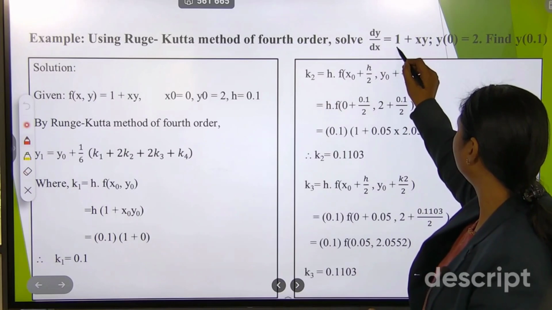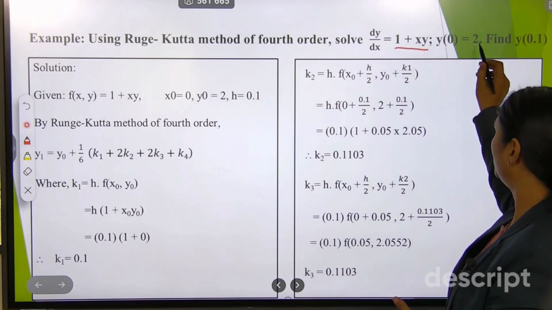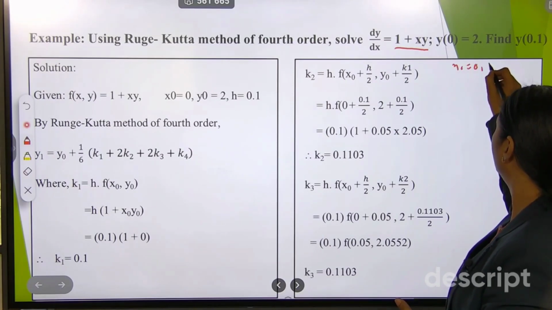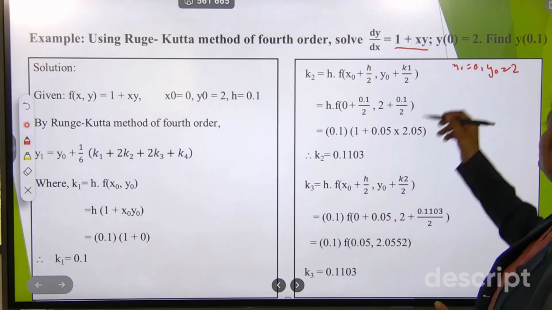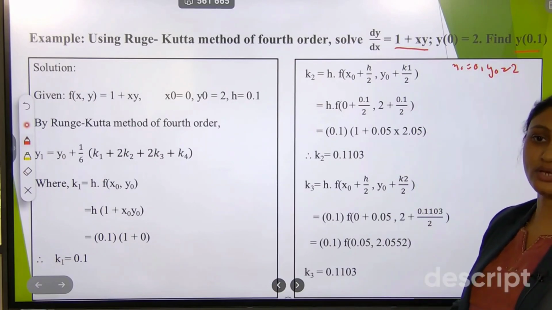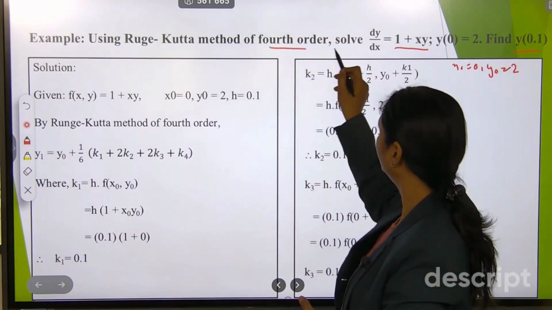Here the function is 1 plus xy and y of 0 is 2. That means x0 is 0 and y0 is 2. We have to find the value of y at x equal to 0.1 using the fourth order method.